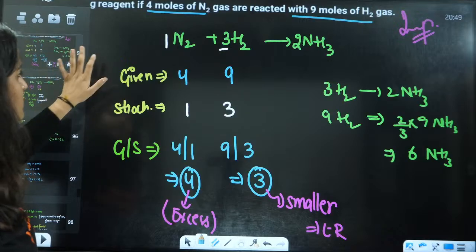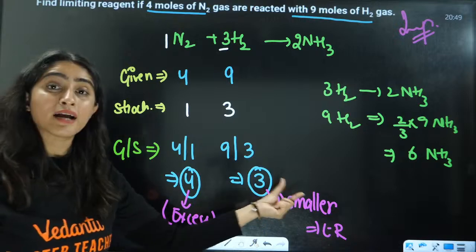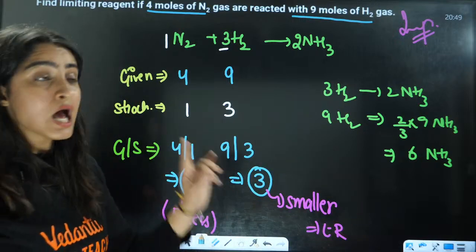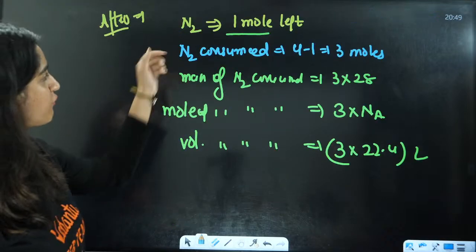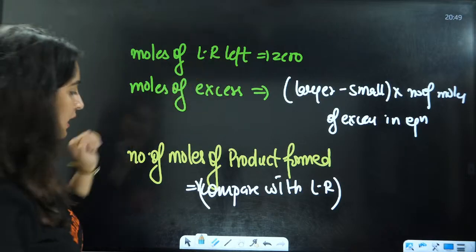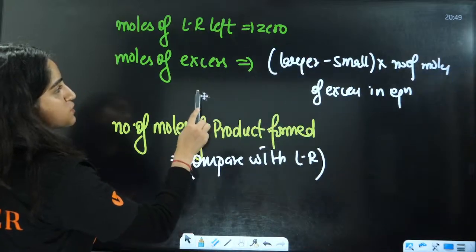First thing you need to remember is given divided by stoichiometric coefficient. The value that is smaller is the limiting reagent. The value that is larger is the excess reagent. How to calculate the moles? The moles of limiting reagent left will always be 0.